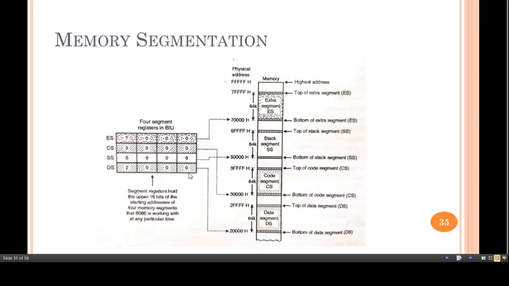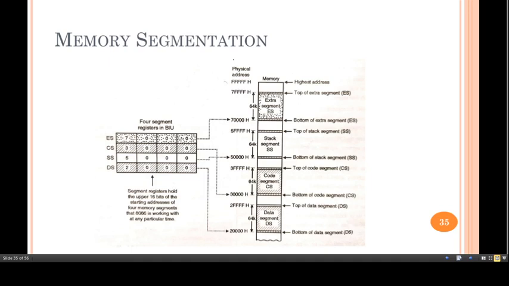Here one more representation for memory segmentation is there. As we know, these are the segment registers. This is the whole memory which is segmented as data segment DS, code segment CS, stack segment SS and extra segment ES. So here these segment registers, as we have seen, are able to hold only 16 bits.